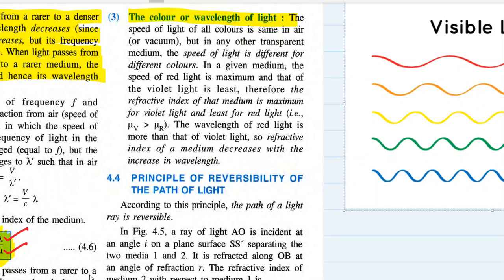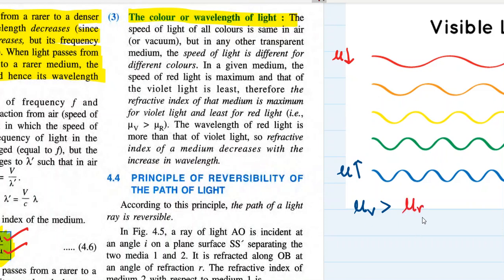So let's speak about red light. For red light, the refractive index of a medium, if red light is entering it, is always less. And for violet or blue light, the refractive index of that medium will always be high. So we can say that for a given medium, the refractive index of violet light is always greater than the refractive index of red light.